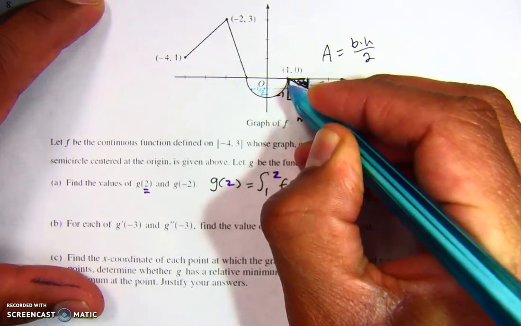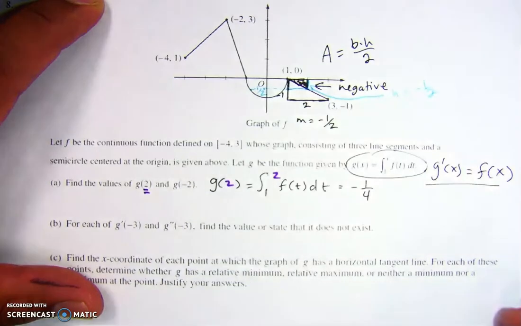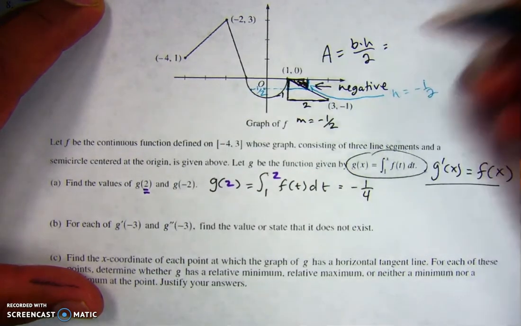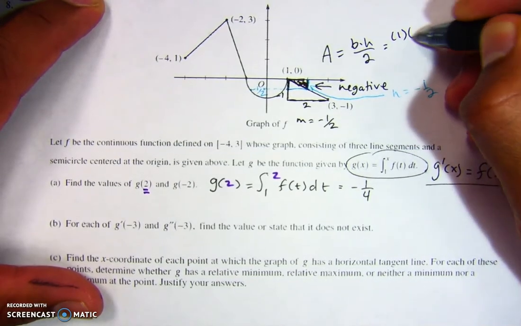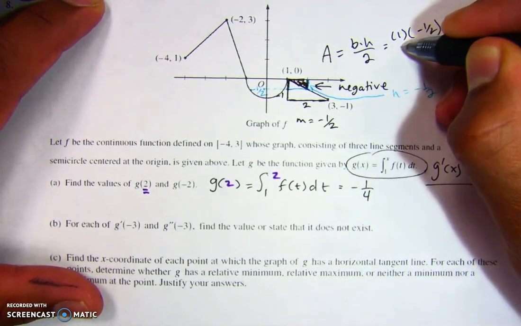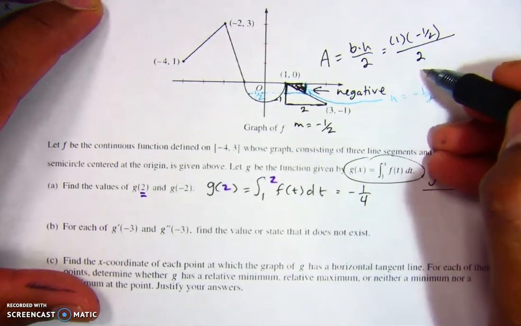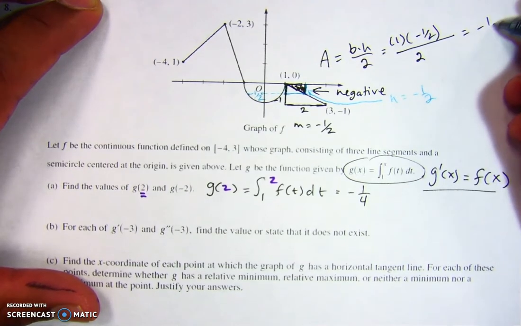So down 1/2 and to the right 1, that'll create this point, negative 1/2, comma 2. And when we plug that in, we have a base of 1, a height of negative 1/2, and a 1/2 that's part of the formula. We get negative 1/4.